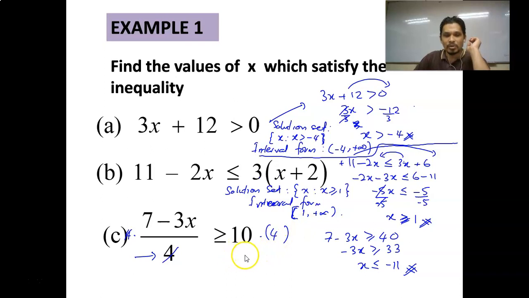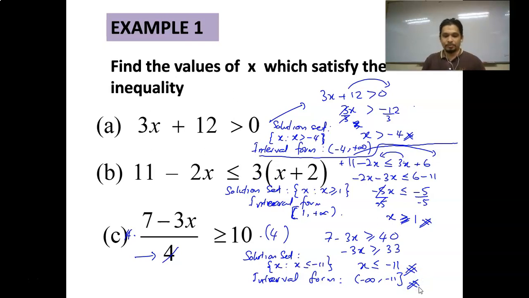So then for question C, the final answer in solution set x, for x less than or equal to -11, or in interval form, from -infinity to -11.